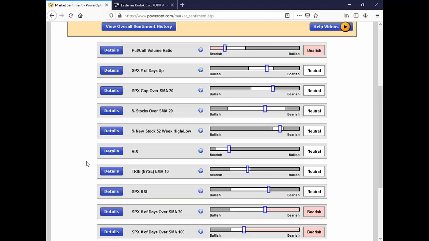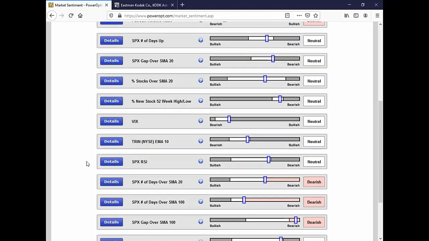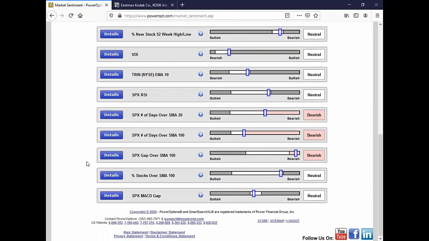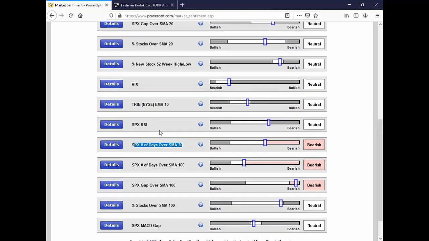But why am I going back to here? Because I wanted to share with Bernie that some of the things you see here that Ernie found to be better indicators are also pretty close to the fundamentals I just checked. Looking at the SPX gap, setting fences on it so you can read it bullish or bearish based on the gap in the MACD. Stocks over the 100-day or 20-day moving average.